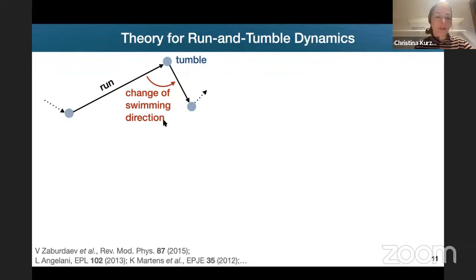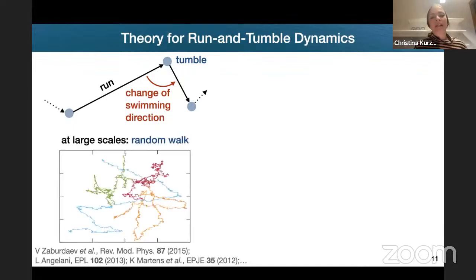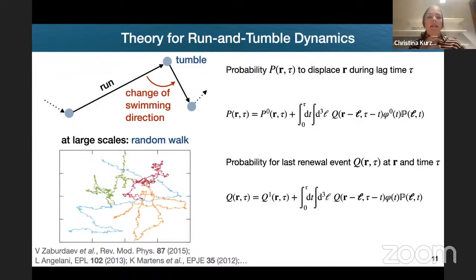Now if you look at these dynamics at the larger scale, what you expect is an effective random walk with an effective diffusivity that depends on the speed of the cells and the tumbling frequency. And so we can write this process in terms of a renewal theory.